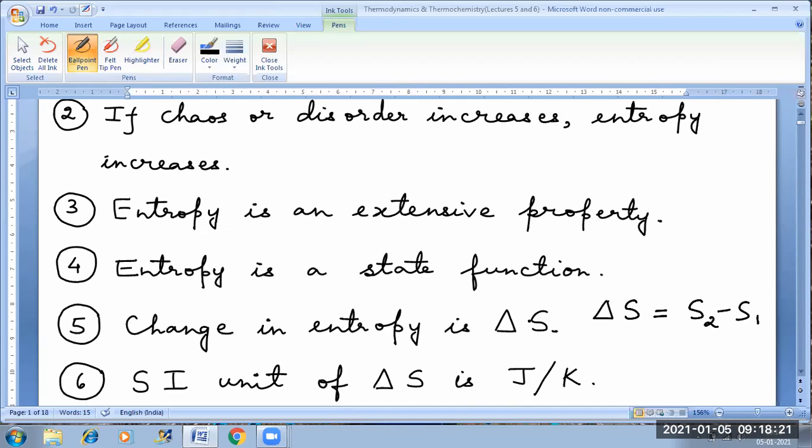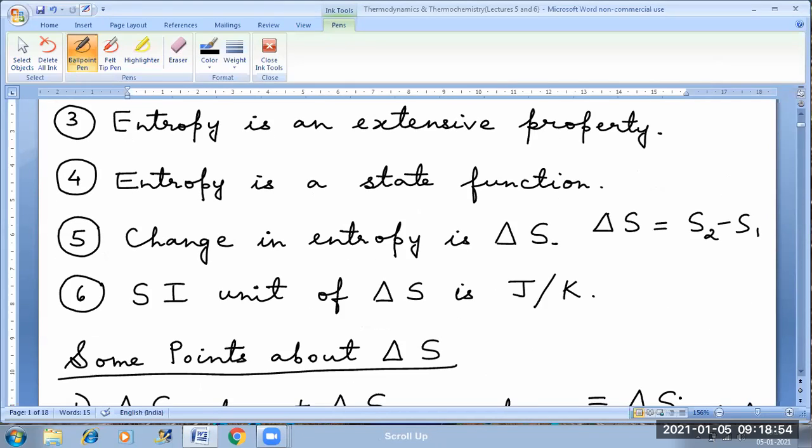After a process is over, if I want to measure the change in entropy, I'll say that delta S is S2 minus S1. Anything which has a delta means final value minus initial value. So delta S equals S2 minus S1. Capital S is entropy. Final value of entropy is S2. Initial value of entropy is S1.